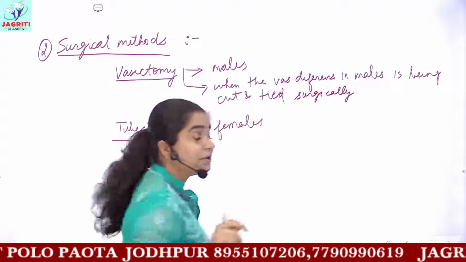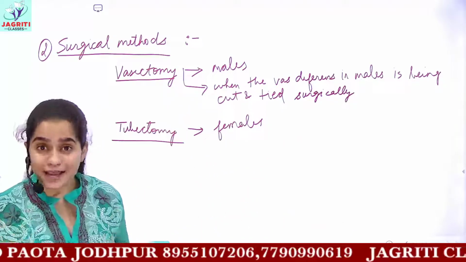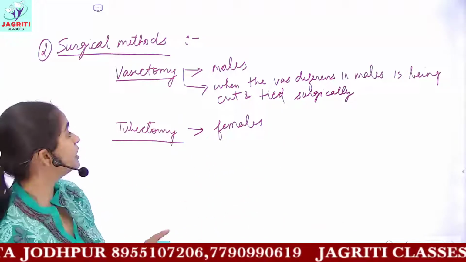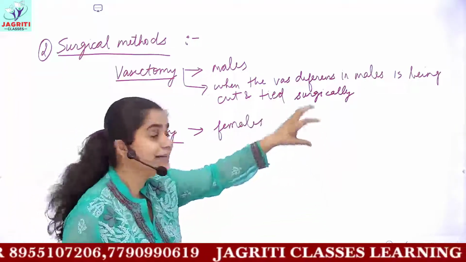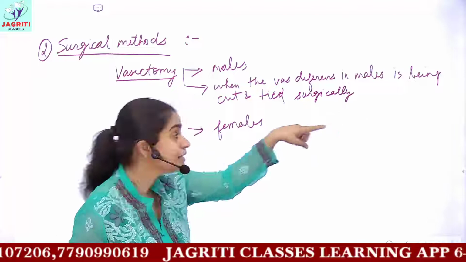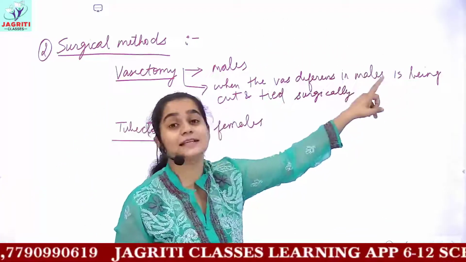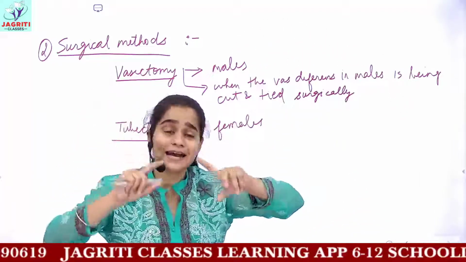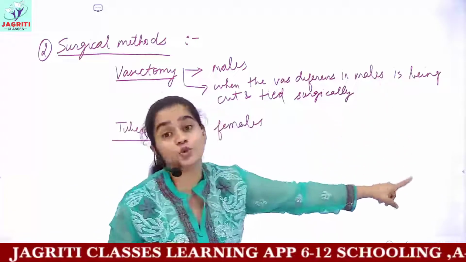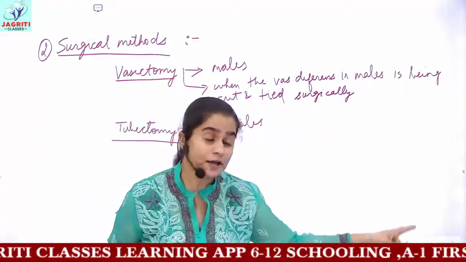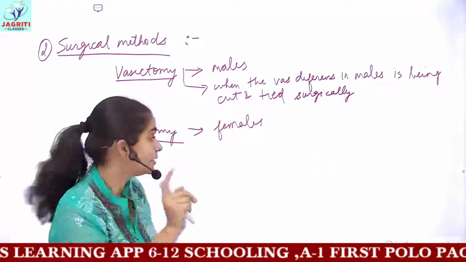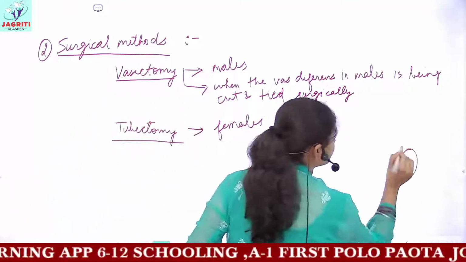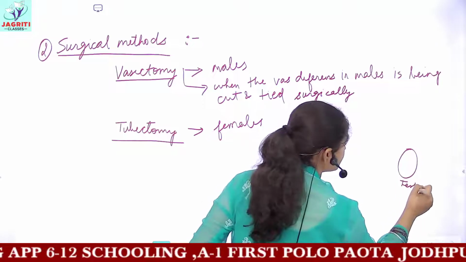Now, if you remember the diagram of the male reproductive system in humans, you will remember that the vas deferens was a tube which carried the sperms from the testis, along with the secretions of the prostate and seminal glands, to the last part, the penis. But if the vas deferens is cut, it would not be able to pass the sperms. Let's suppose this is your testis.